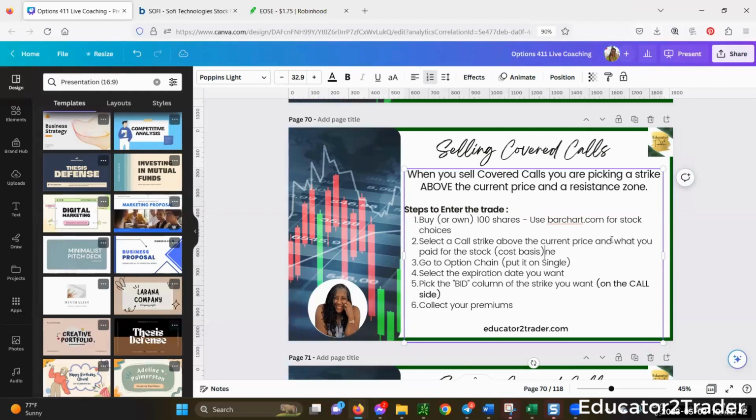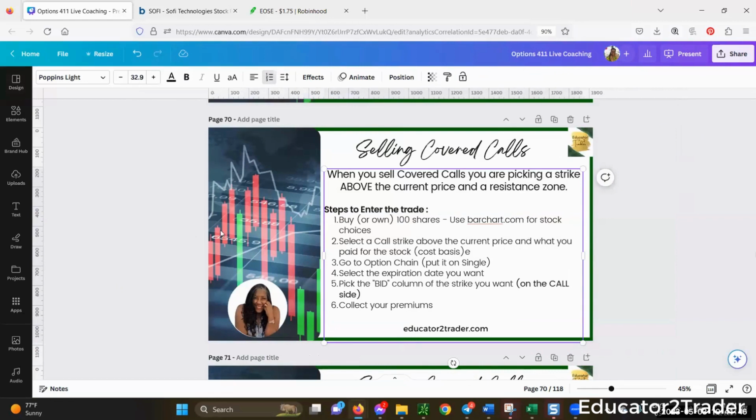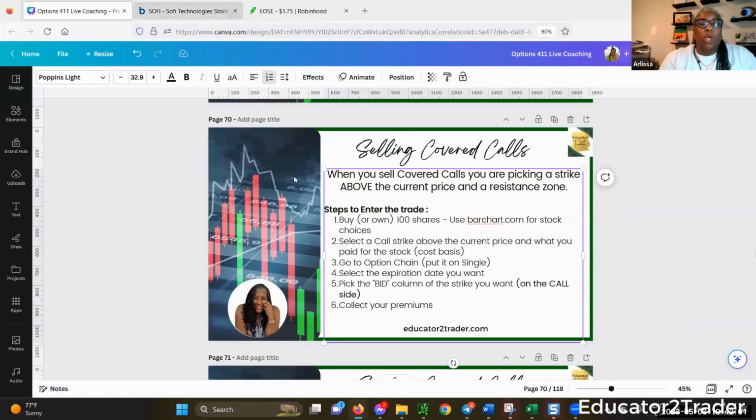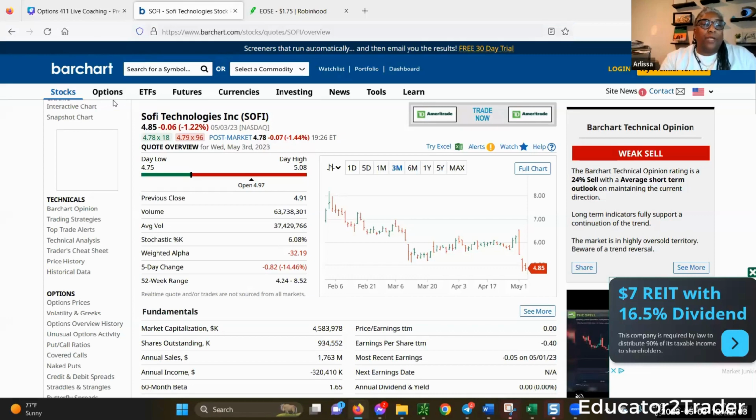On Barchart, if you pick a stock, they actually give you a recommended strike. You can use that or something in that neighborhood. They also give you an expiration date.